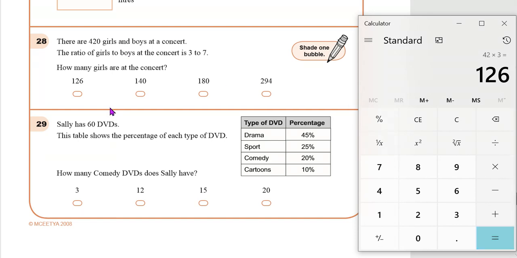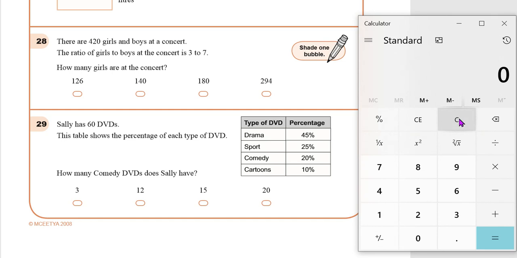So the answer there is 126. If you divide that by 3 and then times by 7, you get the number of boys. And those two numbers added up should equal the number of people that there are in total at the concert. Leave a comment if you want further explanation on what I did there.